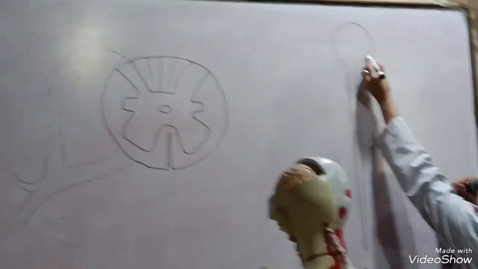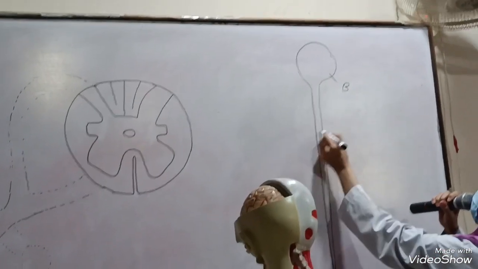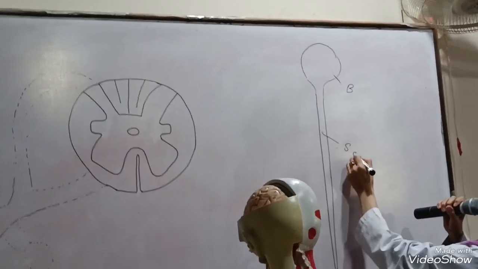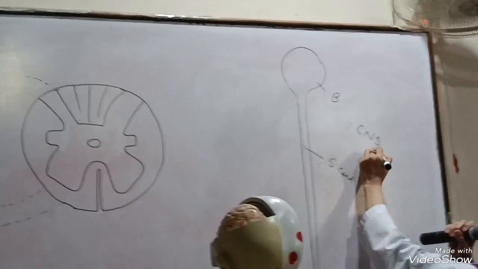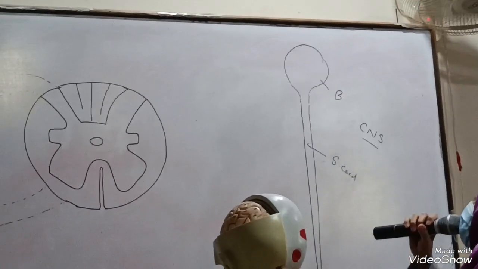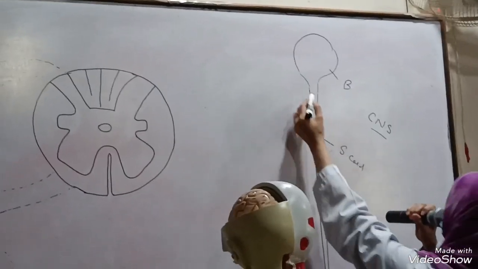You can see here in this first diagram that we have got the brain and this is the spinal cord, and they both form the central nervous system. Okay? And what is the peripheral nervous system?